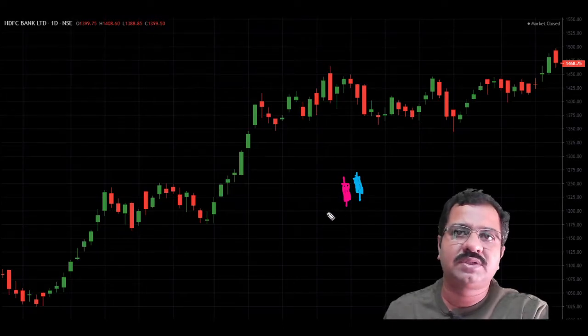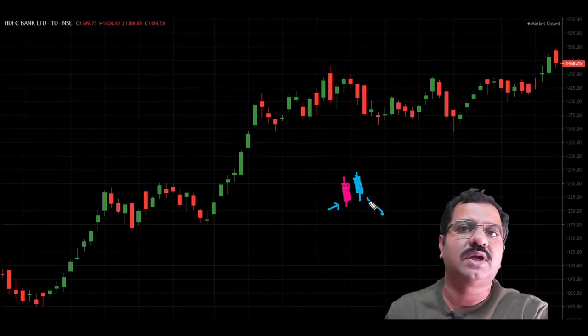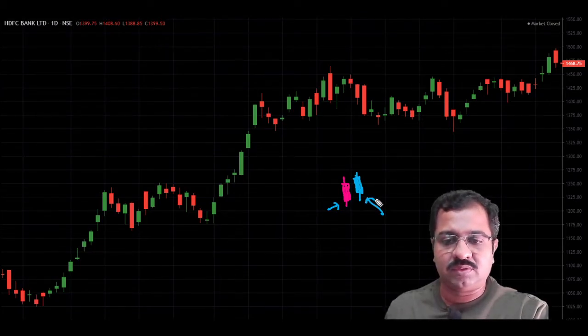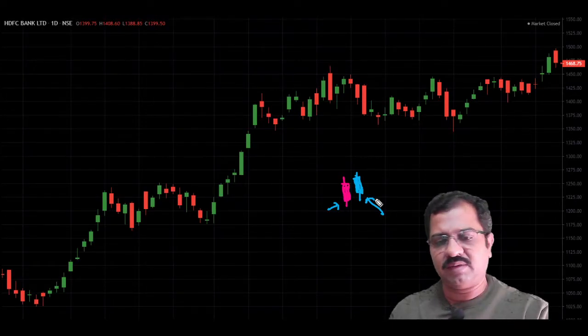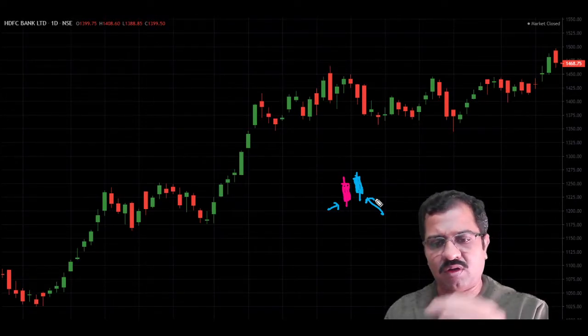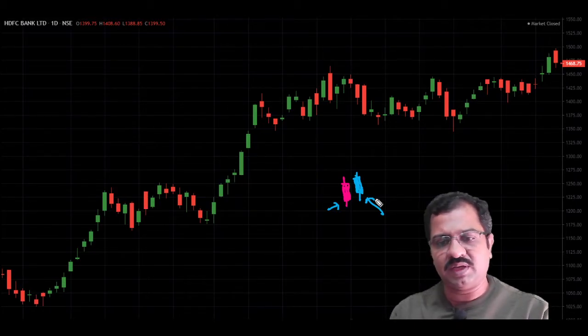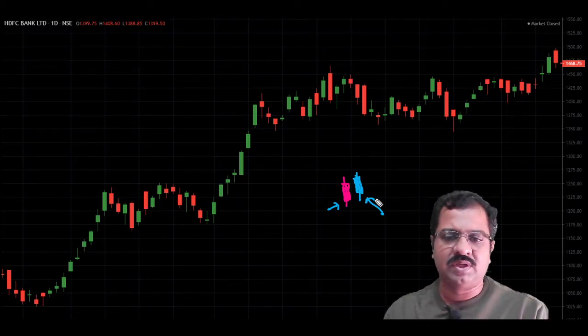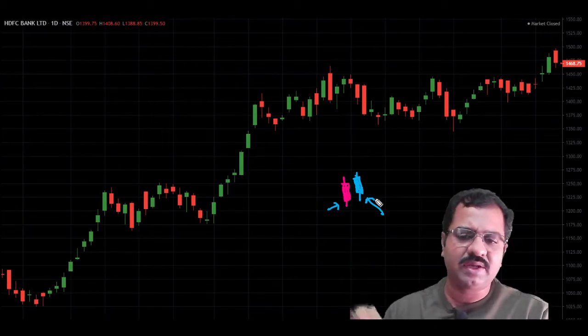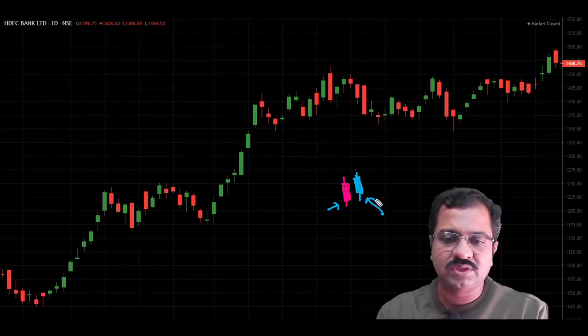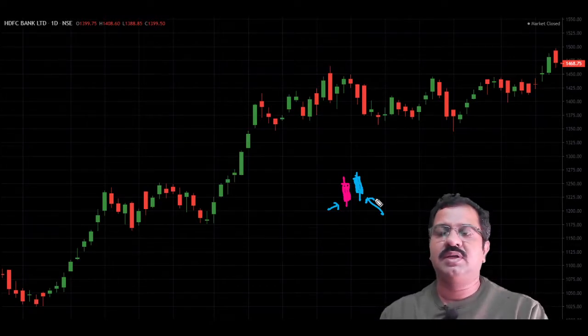So a bearish candle is immediately followed by a bullish candle. A bullish candle will happen on chart, and immediately all its effect will be nullified. Means whatever price has come down, it will go up. So this is called bullish engulfing.